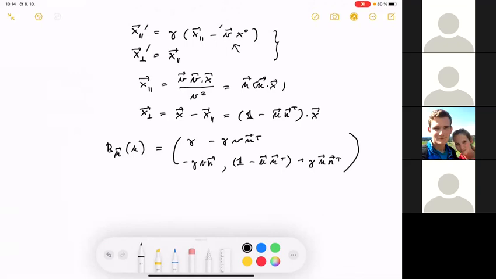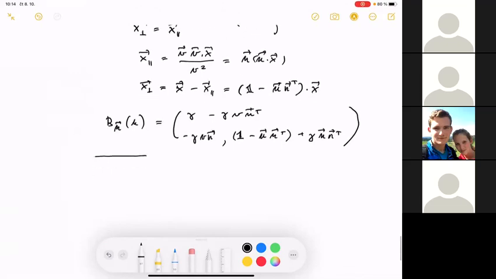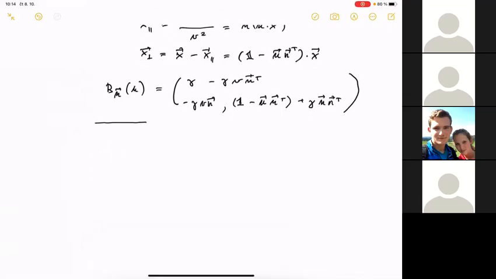We can also rewrite the rotation around an arbitrary axis in the direction n by an arbitrary angle phi in matrix form. Again, here the x0 primed is, of course, x0. The component of x which is parallel to the axis is not changed.